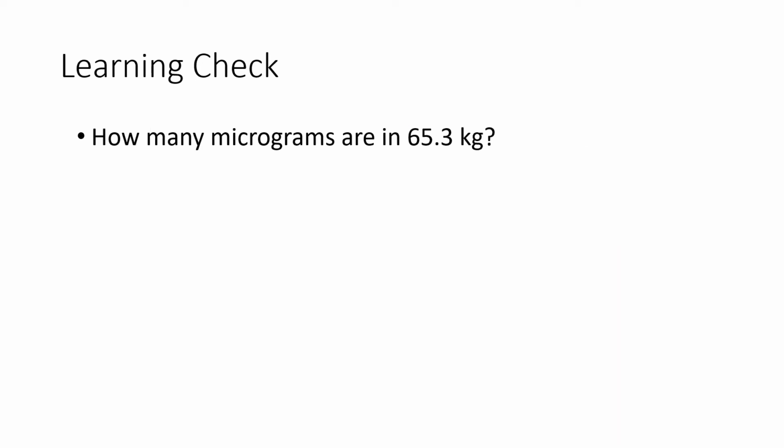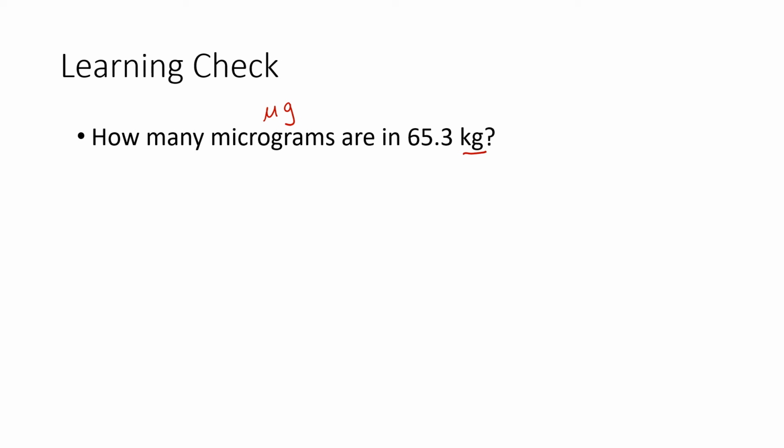Let's try another example. How many micrograms are in 65.3 kilograms? So whether you're given the words or you're given the symbols, you need to know what they mean and how to convert between them. So micrograms would be symbolized with mu and then a lowercase g. That's a unit that's smaller than the base of just grams, whereas kilograms or kg is larger than the base unit of grams.